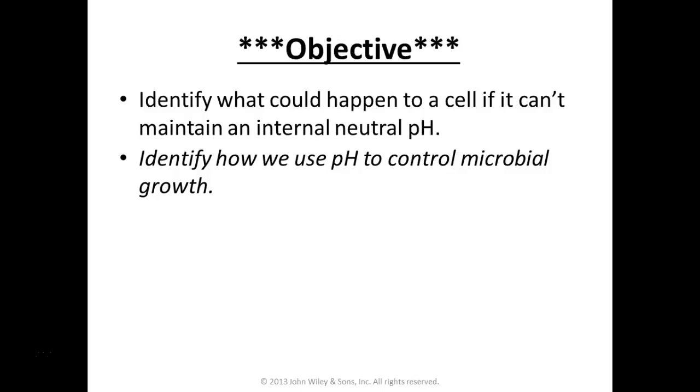They'll die. So we use this in controlling microbial growth, right? A lot of the chemical cleaners you use are either acids or bases. You're trying to knock them out of their comfort zone.